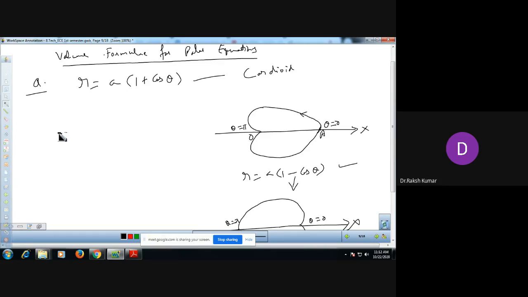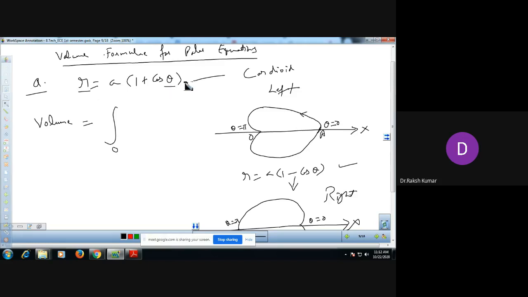Now the question is to find the volume of this figure, the left cardioid. This is the left cardioid, and this is your right cardioid. For finding the volume, it is clear that theta varies from 0 to pi, and the equation is in polar form.